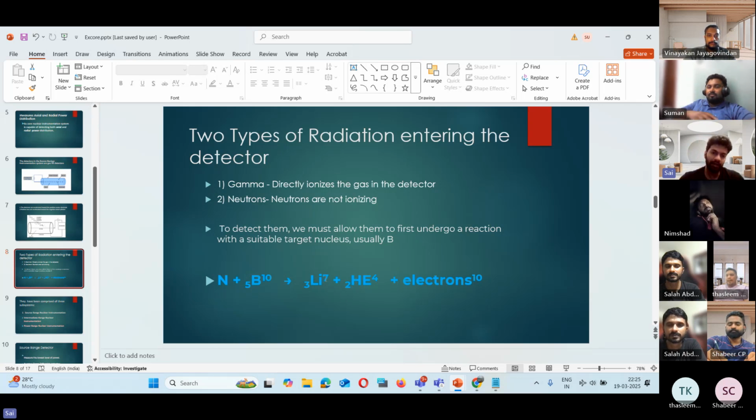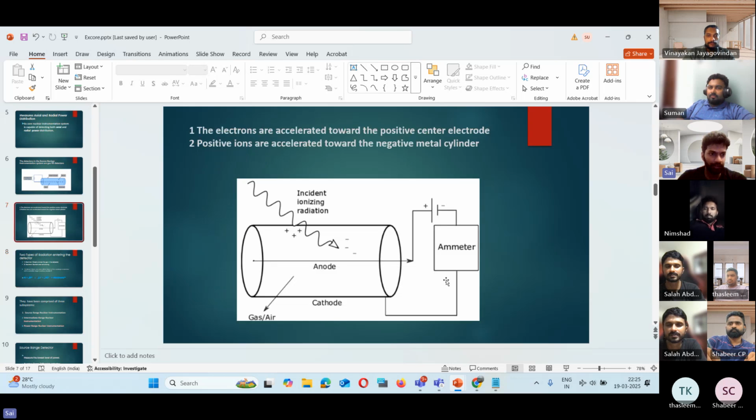Lithium and helium are positively charged, and electrons are negatively charged. So these positively charged ions, lithium and helium, will move towards the cylinder shell, and the electrons will move towards the center of the detector, creating a current that will be measured later to measure the power inside the reactor.